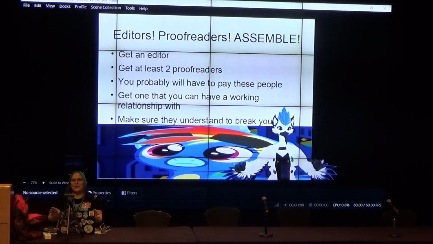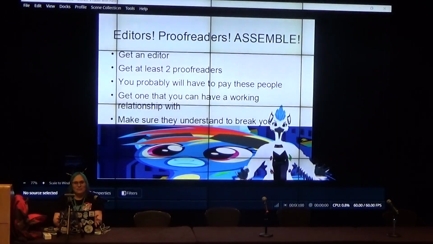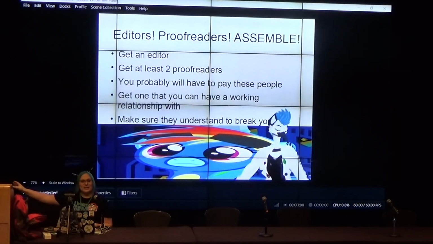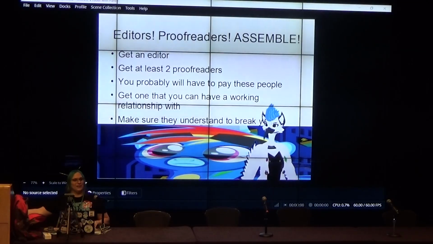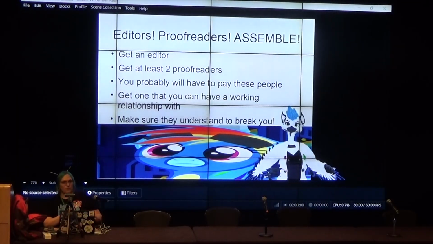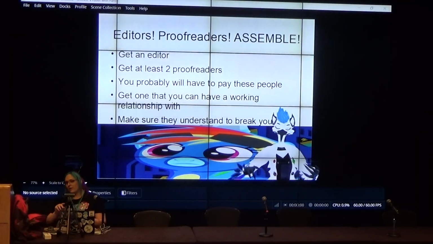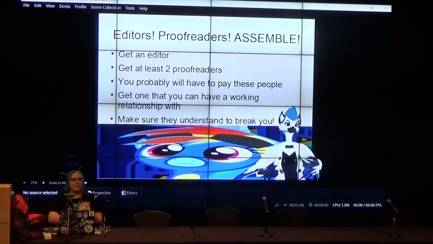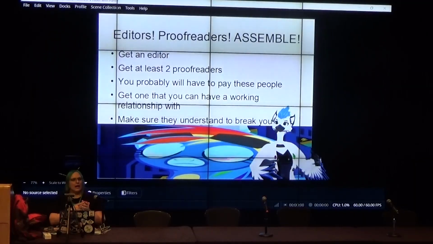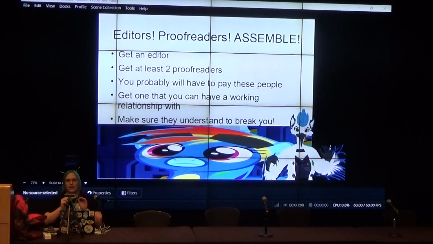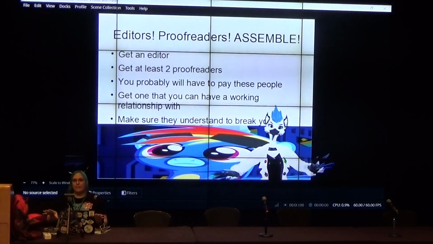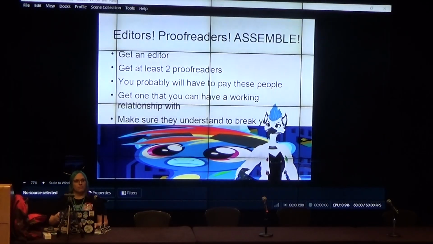Editors, proofreaders, assemble! My editor is at my vendor table right now. She's lovely. I have had several editors over the years. I have had Enigma Otaku, I've had Hitomi Salazar, I've had Prop Master, I've had Mr. Numbers, and now I have Chameleon. I will not publish any of my writing without an editor.